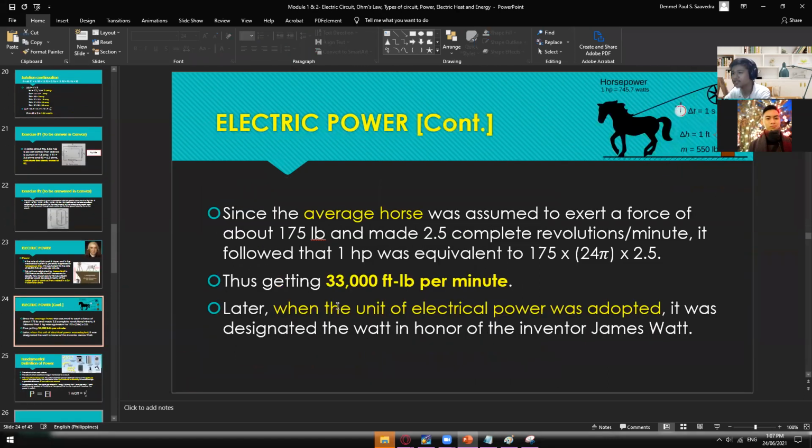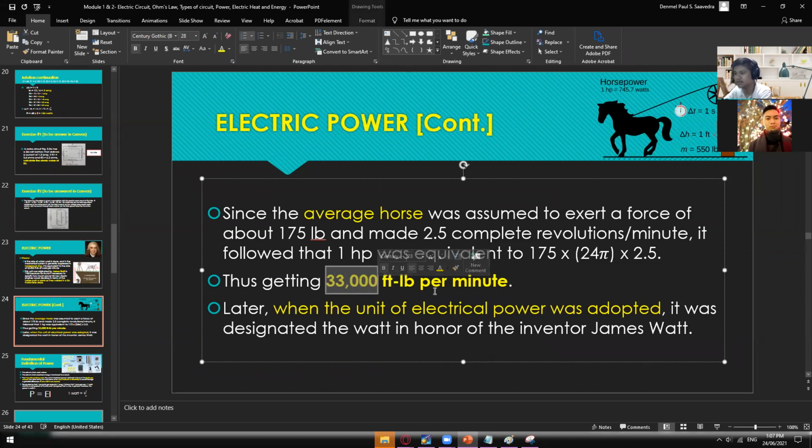More explanation on how we got this 33,000. Of course, that depends on the diameter of the circle being circulated by that specific horse. Since the average horse was assumed to exert a force of about 175 pounds, that is the one he used. He let that horse pull 175 pounds and make 2.5 complete revolutions per minute.